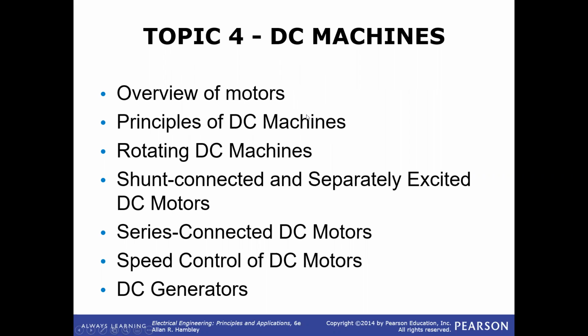So why do we call it a DC machine? Because a single machine here can operate as a DC motor, and it can also operate as a DC generator. It actually depends on the direction of the current. If the current is going from the source to the machine, it will operate as a DC motor.